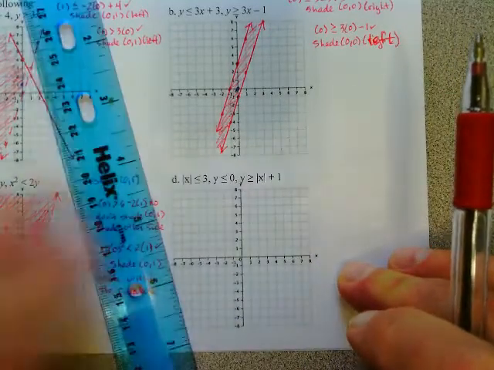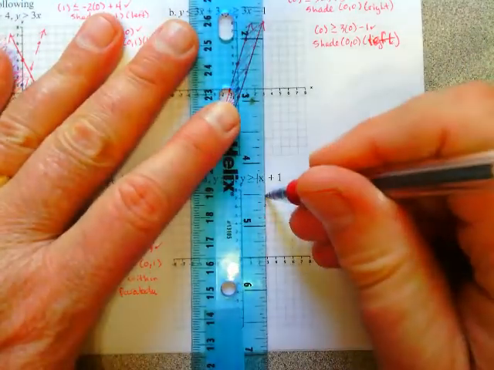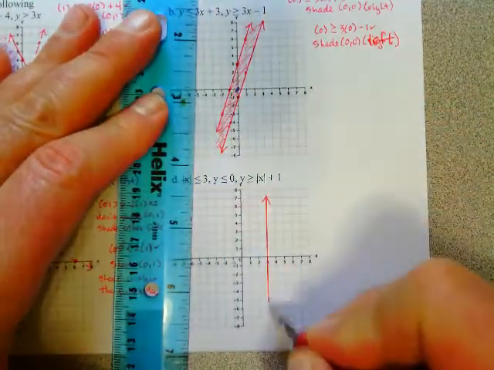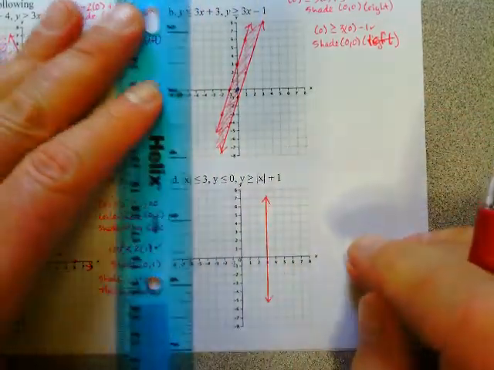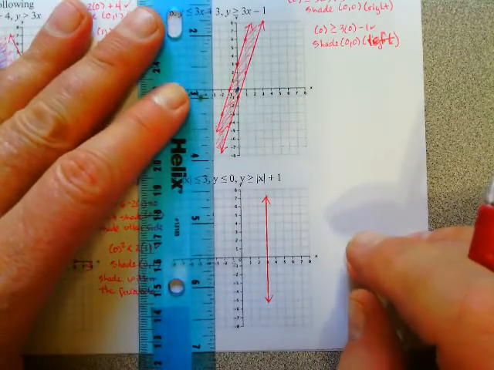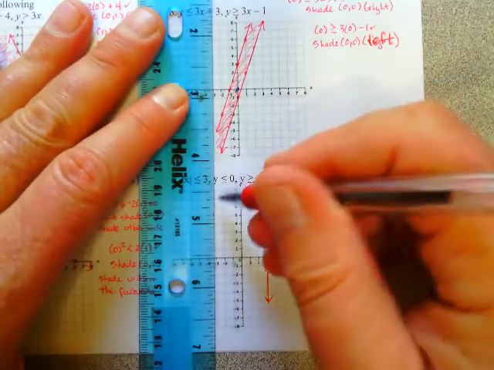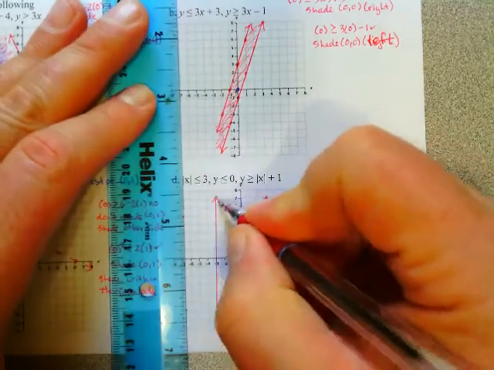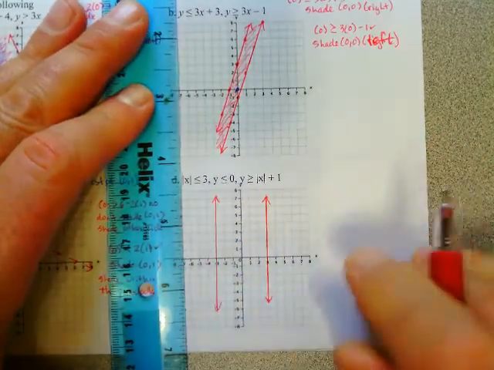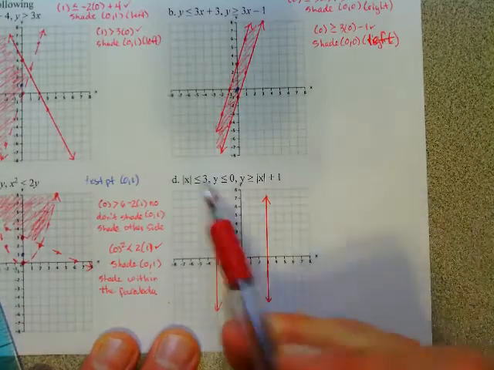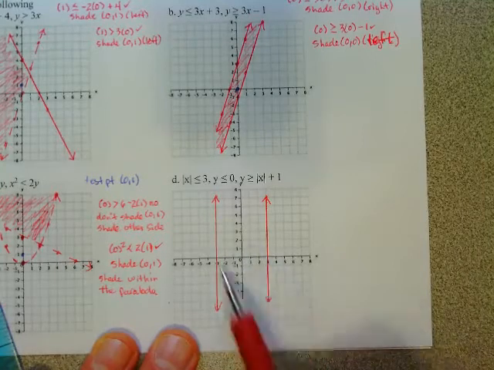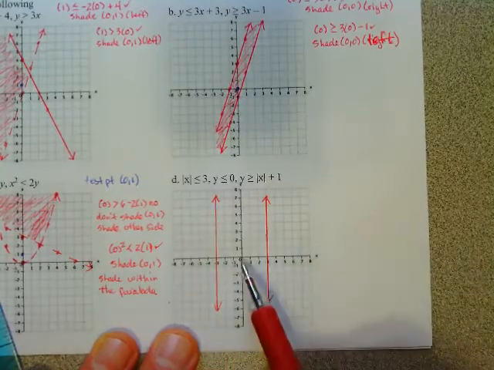So one of the lines will be here, and one of them will be over here. Since this is a less than, we have to have numbers that are going to be on the inside of that, for instance, 0.